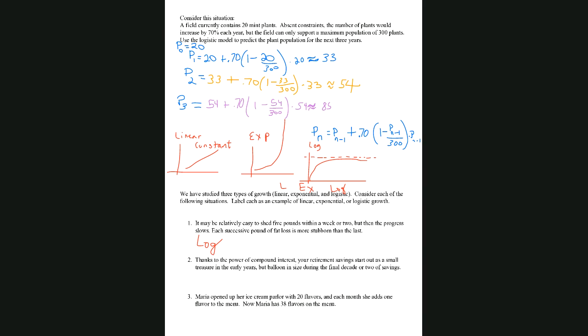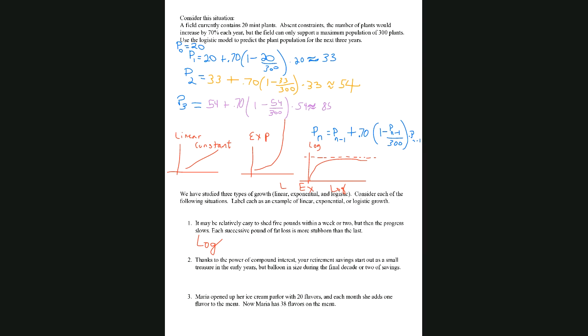You don't want to just lose weight exponentially, because then in 4 years you'll be down to an unhealthy weight, right? So that's logistic growth. It starts out quick. It becomes slower as you go. There's a definite carrying capacity. There's a definite total amount of pounds that you want to lose, maybe if you're trying to lose weight.